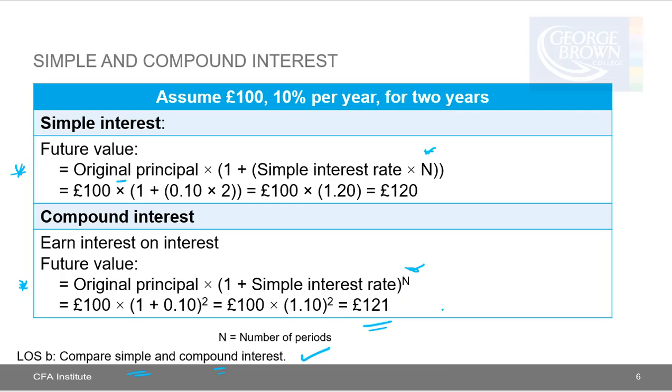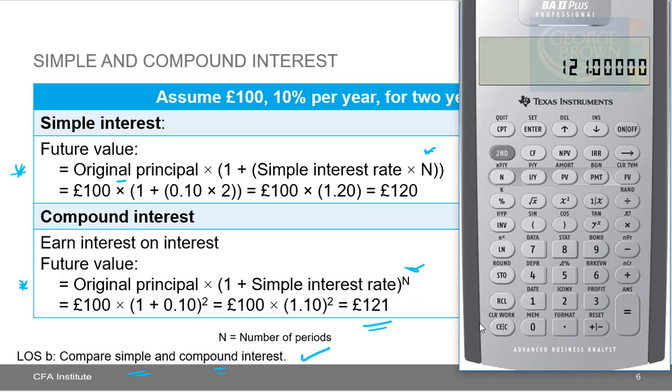Okay, so that's the example that we saw from the previous table. Again, another quick way of doing it, if you don't like the algebra to the power of n, you can just say we started with 100 pounds, we earned 10% for the first year, so we multiply that by 1.1, and then we earned 10% for the second year, so we multiply that by 1.1 again, and you can see I've got the same result after 2 years: my 100 pounds becomes 121 pounds, okay?